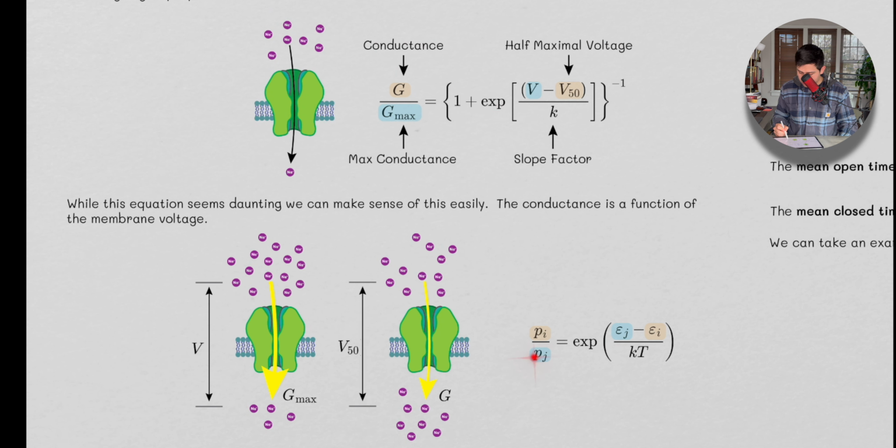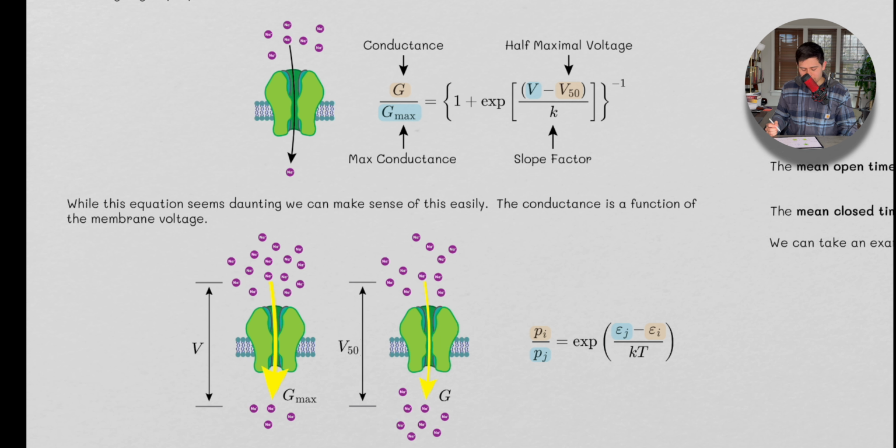G max is blue, this is blue here. I've highlighted these just to give us a sense that this kind of looks like a Boltzmann distribution. If you don't know what a Boltzmann distribution is, it's not that big of a deal. We're not really depending that much on this concept yet.